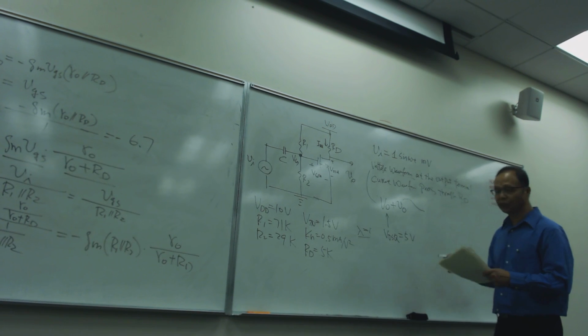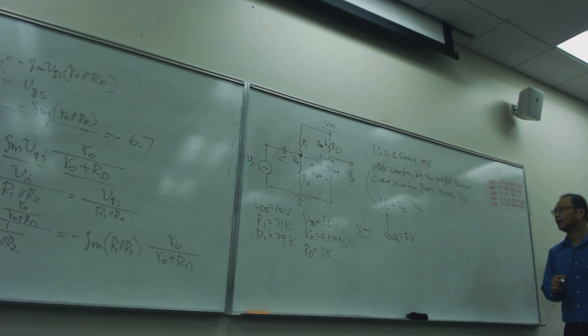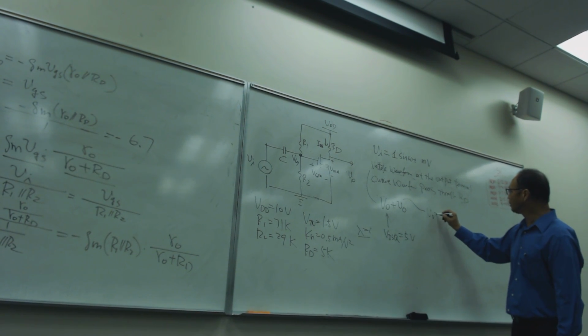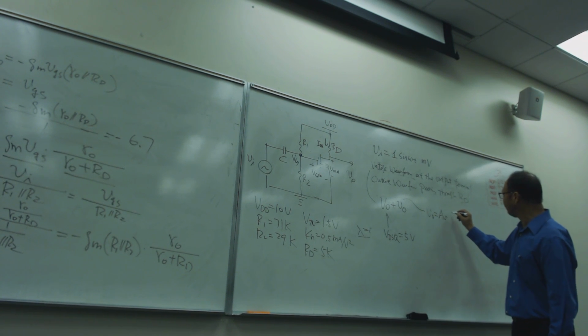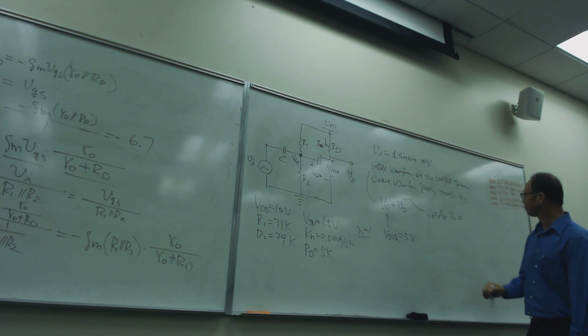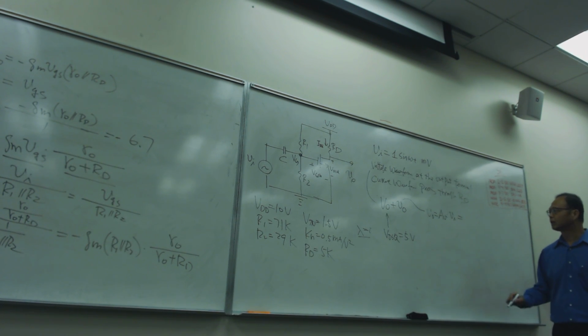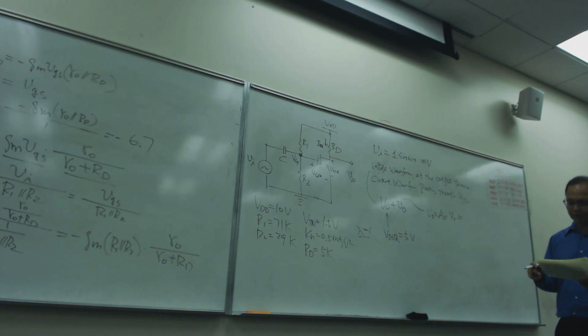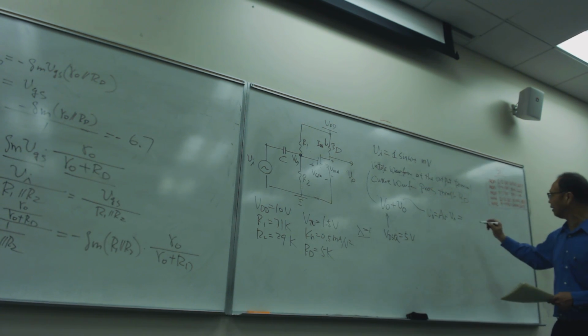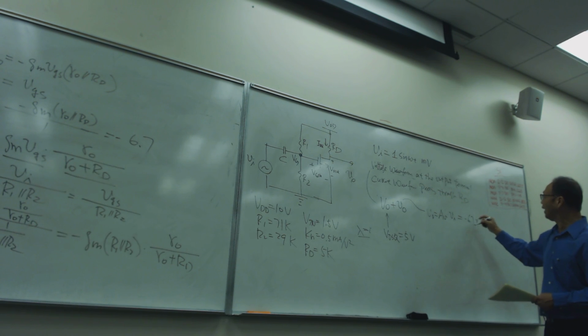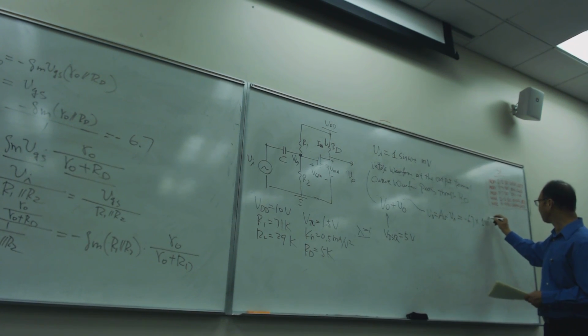Okay, then what about the small signal component? V sub O is always equal to A sub V times V sub I, correct? Now this is the concept, and many people missed that concept last time in the first exam. A sub V was minus 6.7, and V sub I is 1 times 10 to the minus 3 sine omega t.